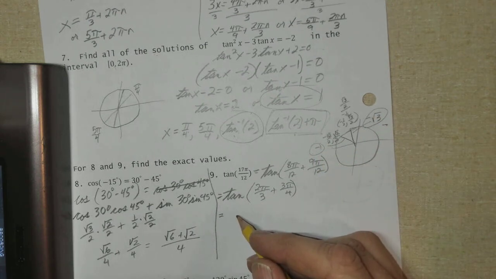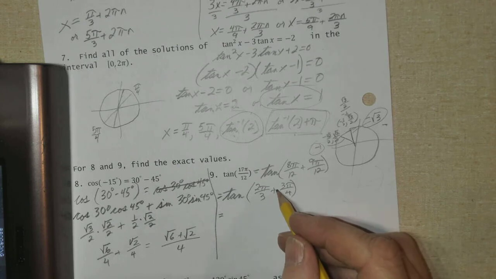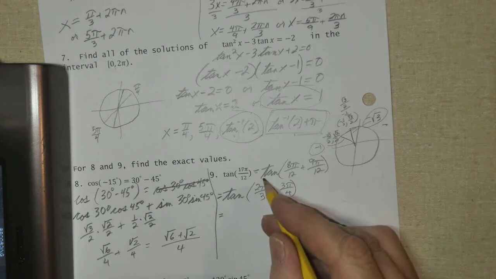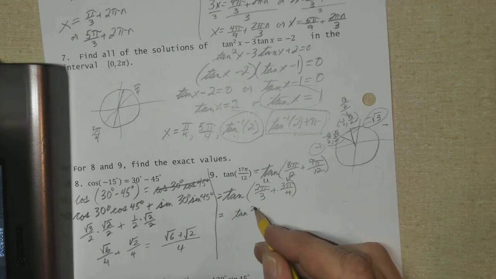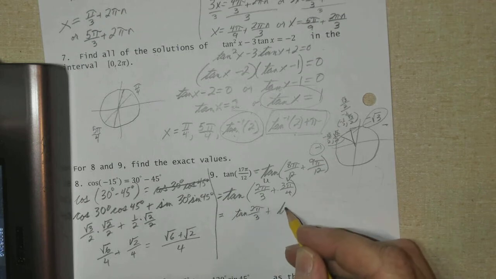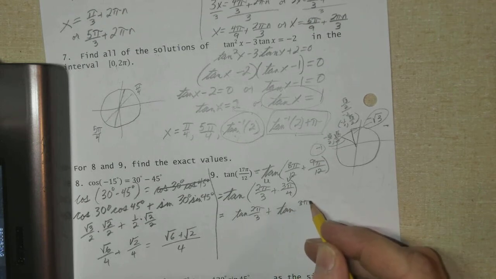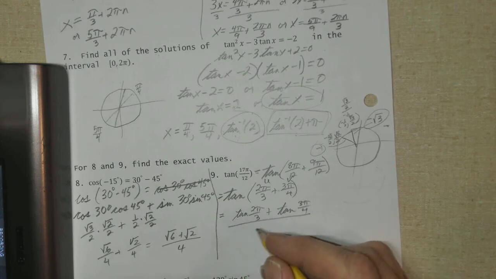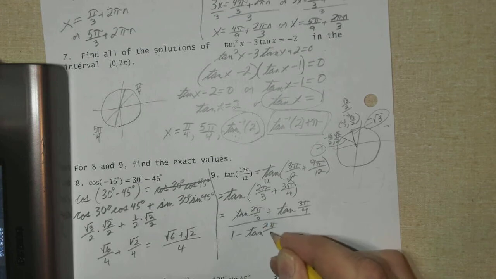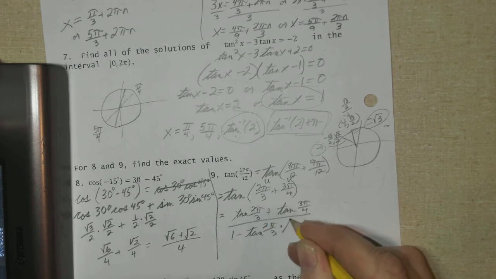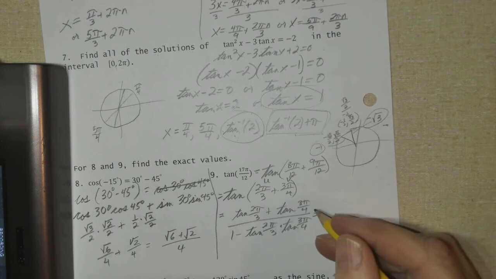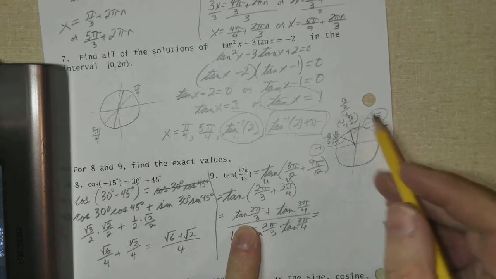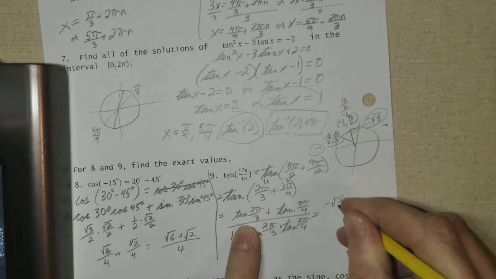So, for tangent of a sum, this is u, this is v: tangent of 2 pi over 3 plus tangent of 3 pi over 4 over 1 minus tangent 2 pi over 3 times tangent 3 pi over 4. Alright, tangent of 2 pi over 3, that's the negative square root of 3.